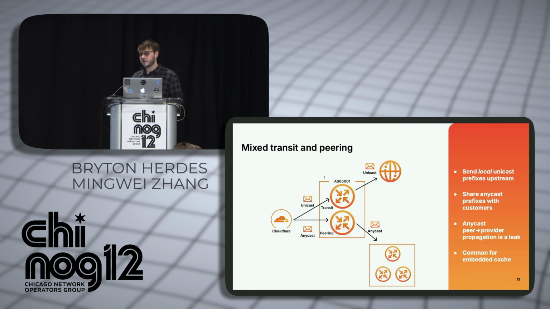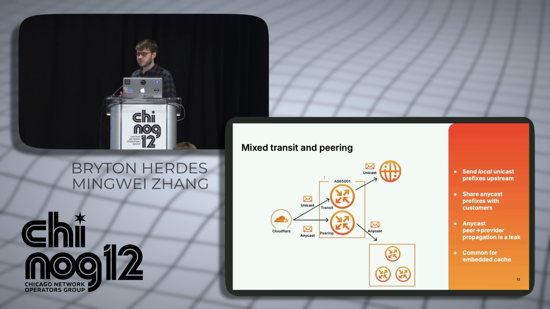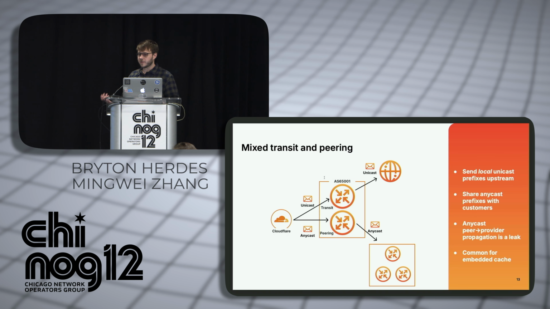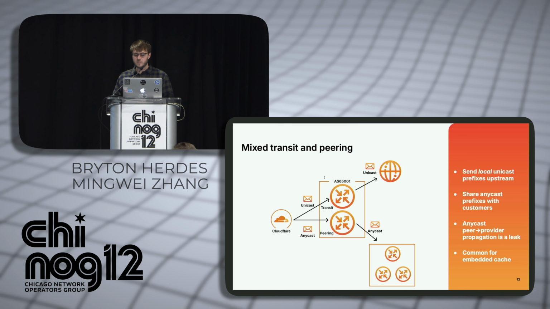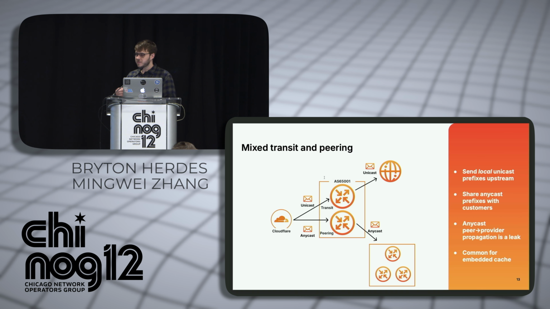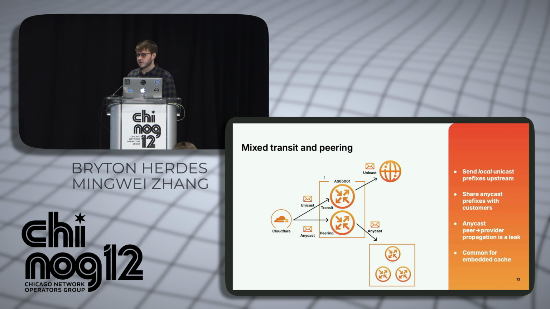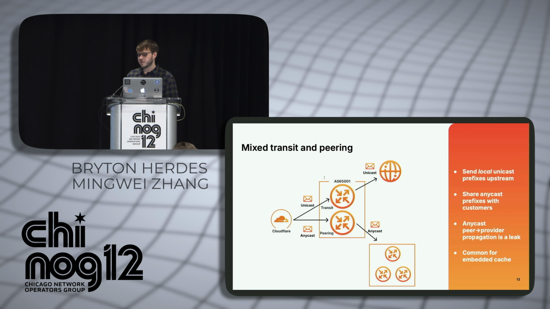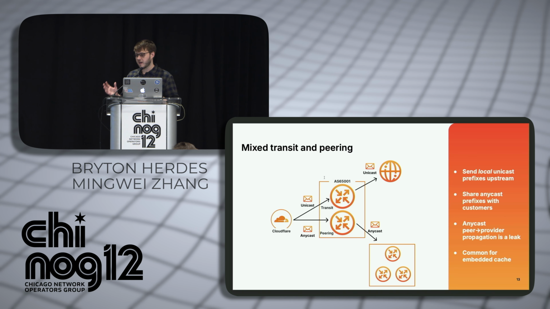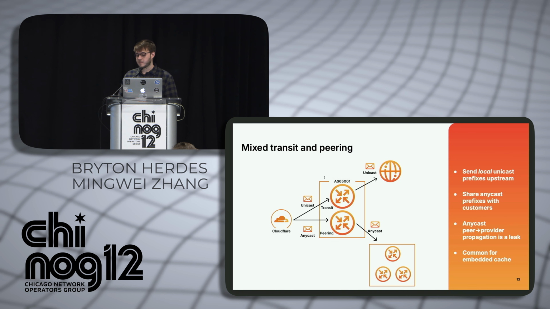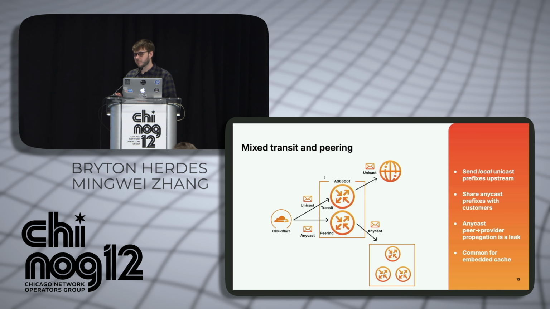So where it gets a little hairy is what I would call mixed transit and peering for us, otherwise known as a complex peering relationship, where we tell AS65001, please take my unicast prefixes and I want you to be a transit for those. I want you to take my unicast prefixes and send those everywhere. Give me global connectivity for unicast from this data center. But for Anycast, I want you to be a peer.